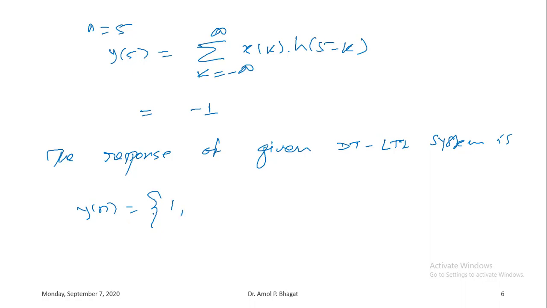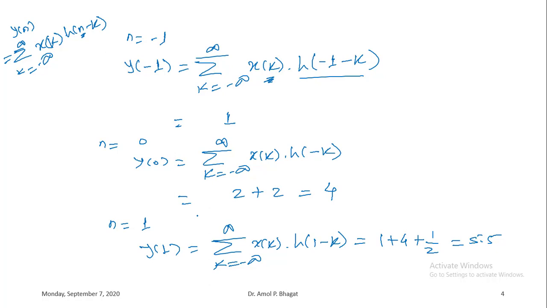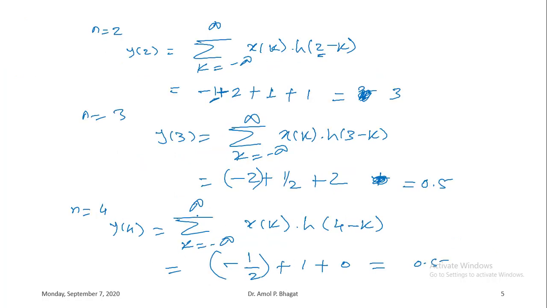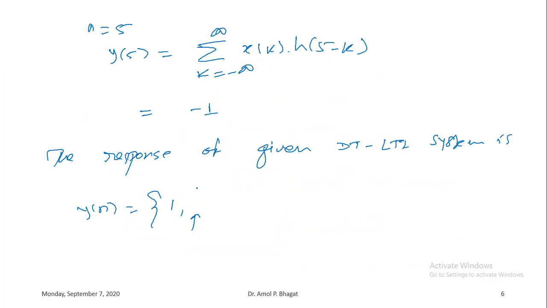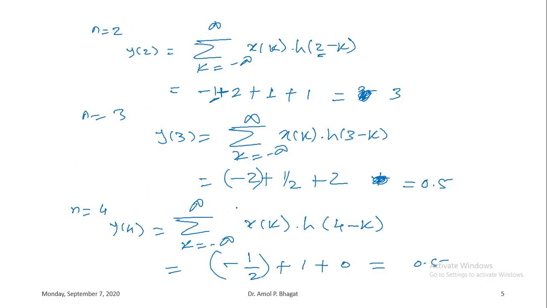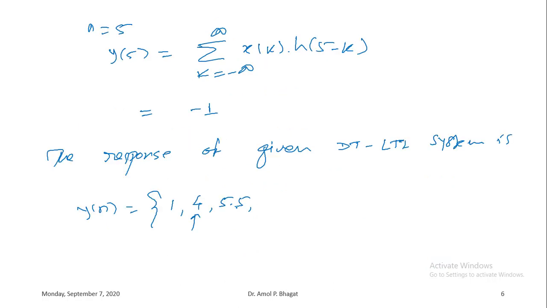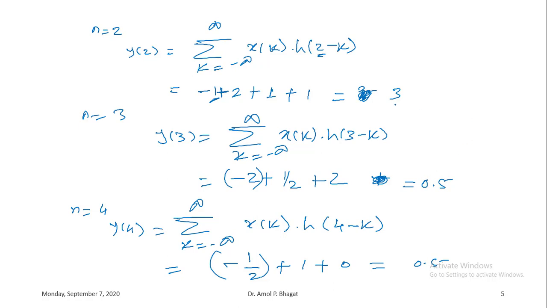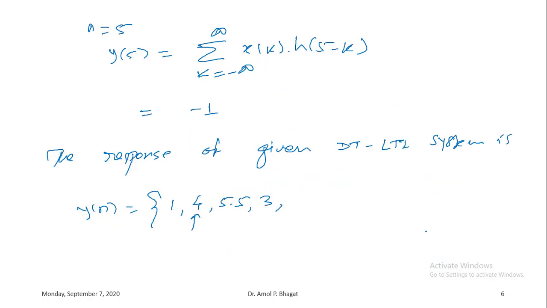Then at origin, that is at n equals 0, value is 4, then 5.5, after this at 2, 3, then 0.5, then 3 is there, right? This 3 is there, y of 2, then 0.5 there, right?